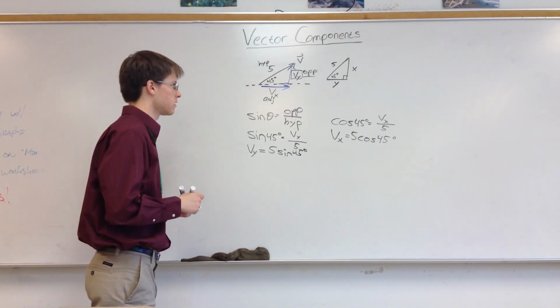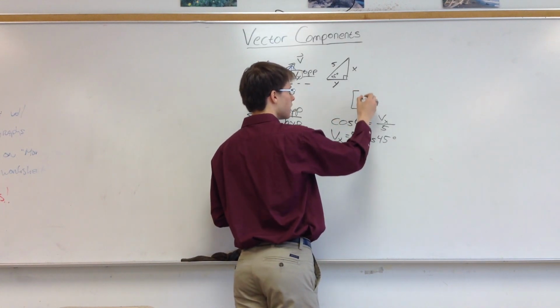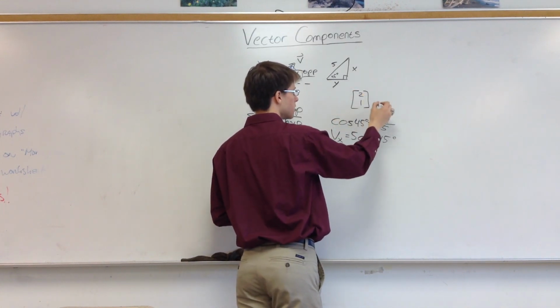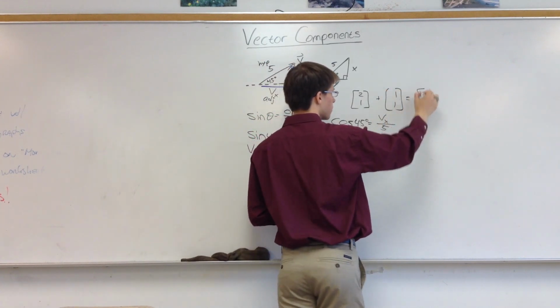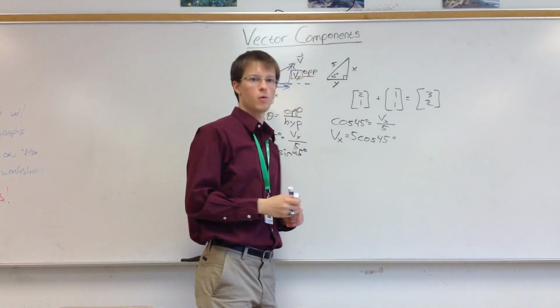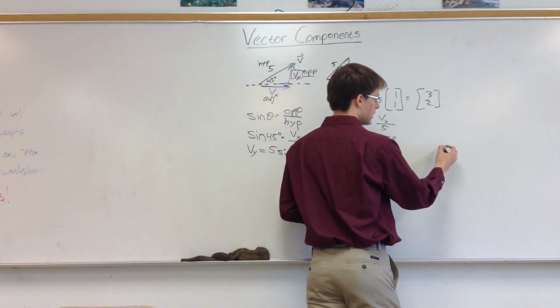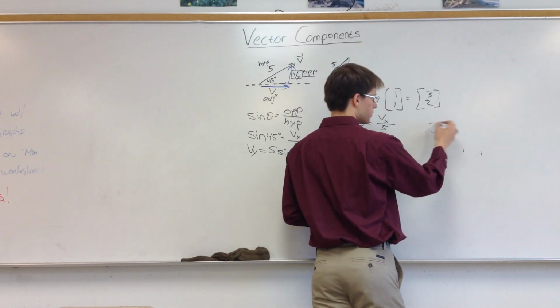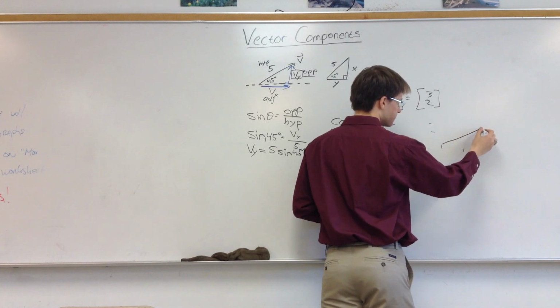So suppose I have these two components, 2, 1 plus 1, 1, and this equals 3, 2. Suppose I want to know what the angle of that vector is. So 3, 2 might look something like that.